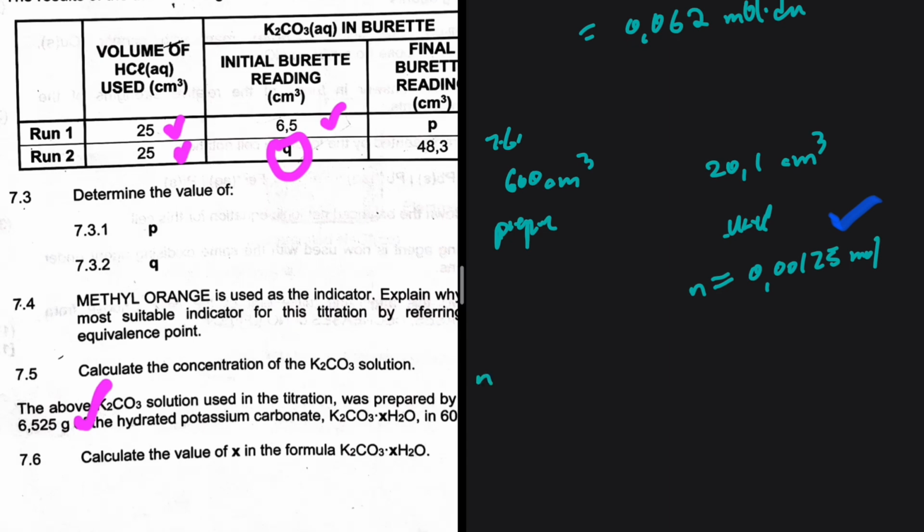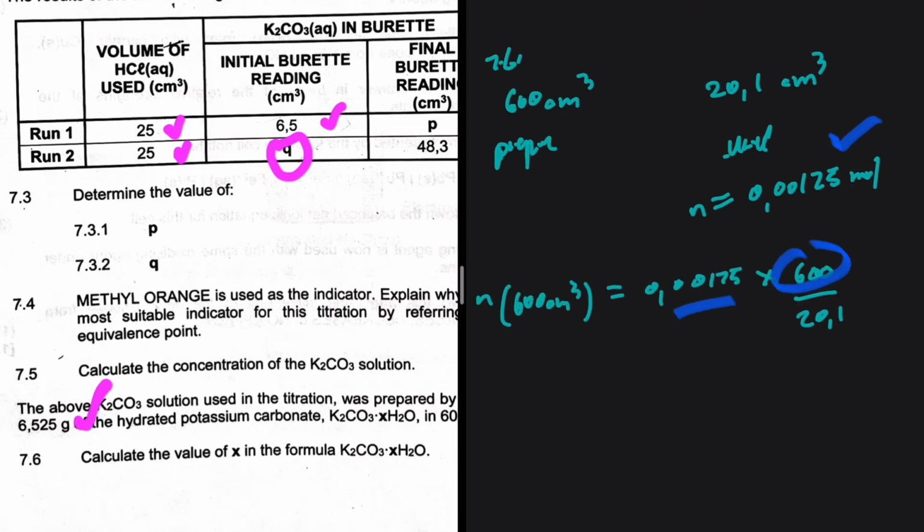I'm going to say the number of moles in 600 centimeter cube should be equal to 0.00125, the number of moles in 20.1 centimeter cube, multiplied by 600 divided by 20.1, because these are the number of moles in 20.1 centimeter cube, but the mass was originally dissolved in 600 centimeter cube. So how many moles are present in the 600 centimeter cube? That's what we are trying to find here.